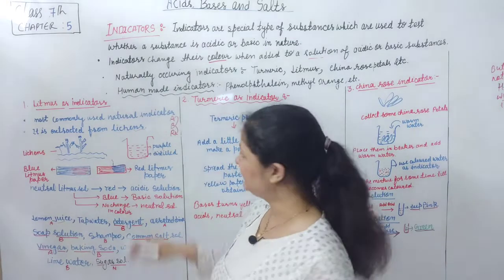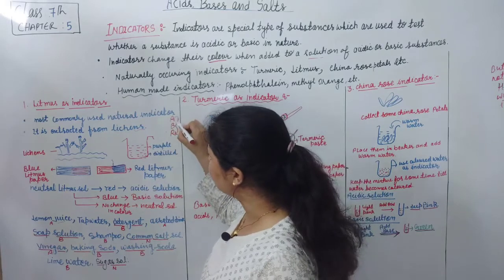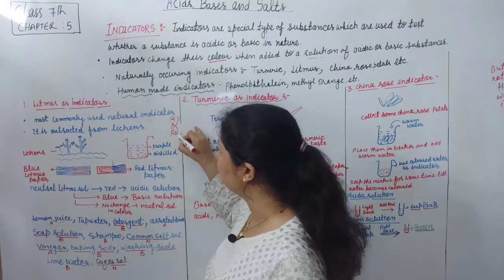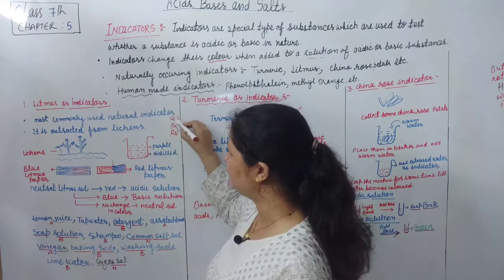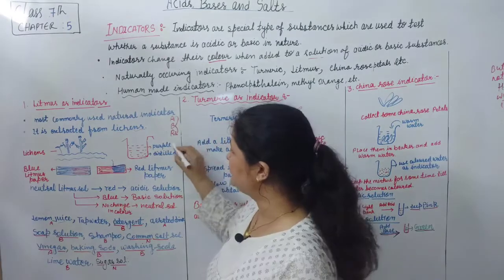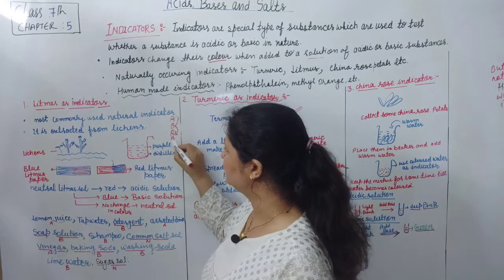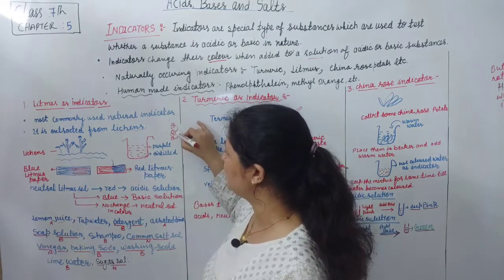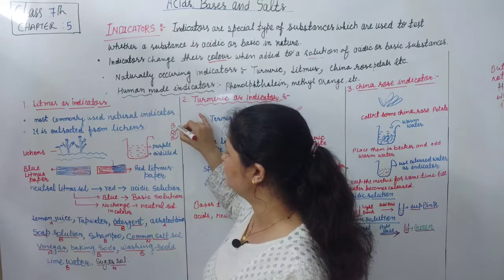Once again I am repeating, acidic solution turns blue litmus paper into red litmus paper. So in this way you keep in mind ABR. And in basic solution you take the reverse of this, means basic solution turns red litmus paper into blue.